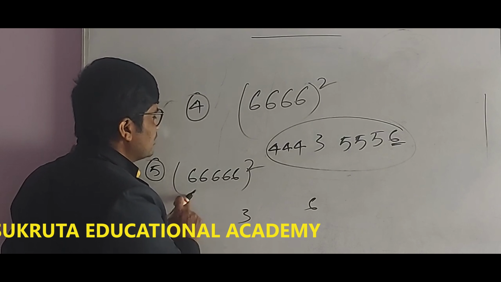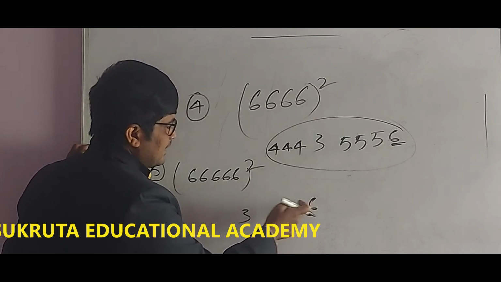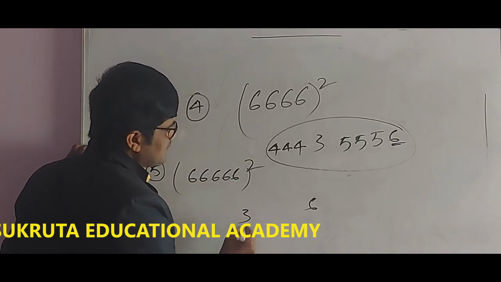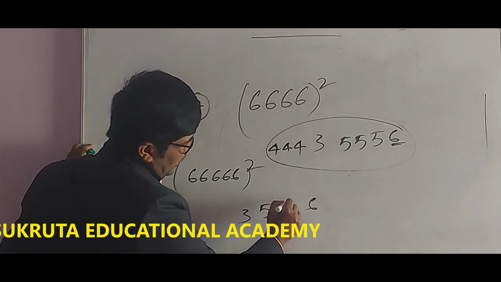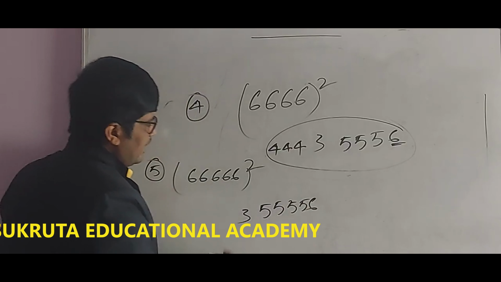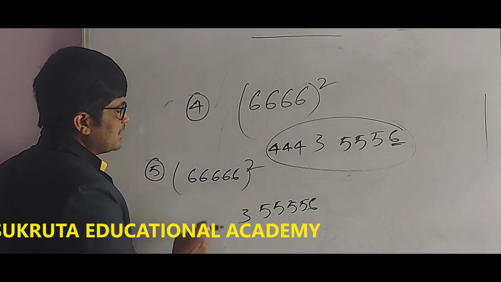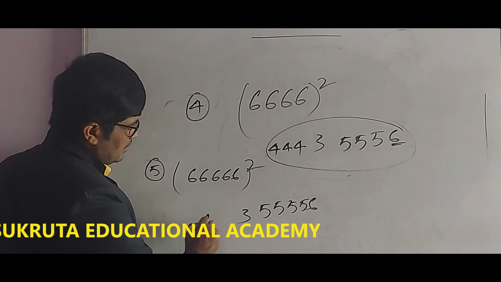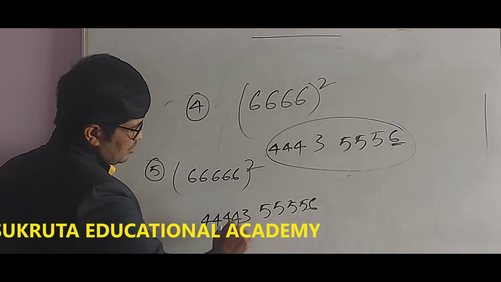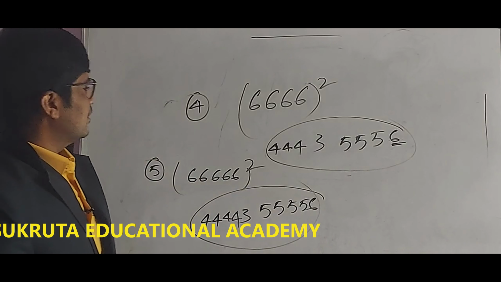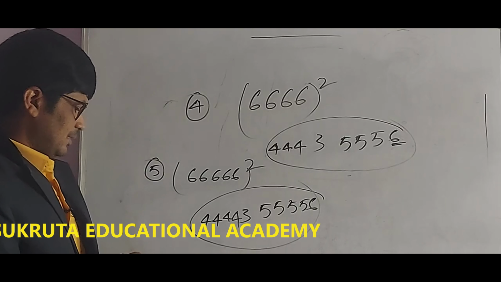Here there are 5 digits, so how many do we have to take? We have to take 4 fives, and the greater digit is 4, and since there are 5 digits, we have to take 4 fours. So this is our answer. In the simplest manner, we can do any kind of problem.